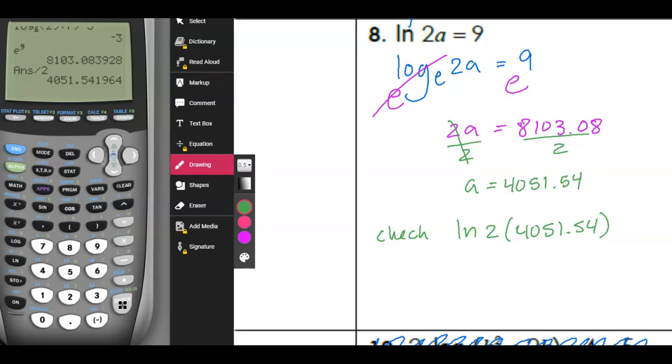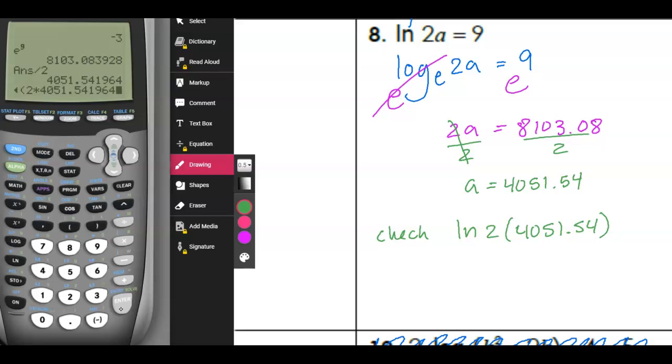Now, to plug this in my calculator, what I hit is ln of 2. And then in my calculator, because I already have that 4,000 number, what I do is I hit the up arrow key to highlight over it. Well, actually, I put a times. Up arrow key to highlight over it, and then I press enter, and it brings the entire number down.